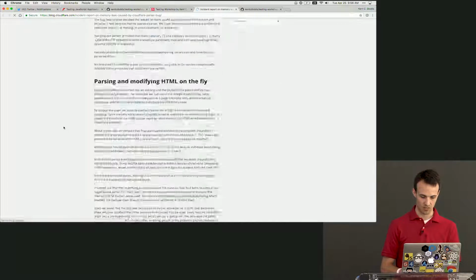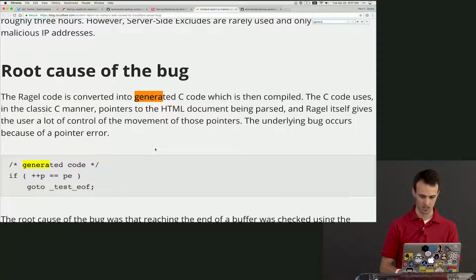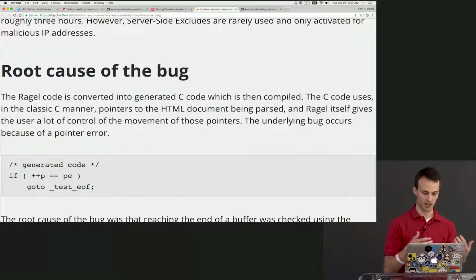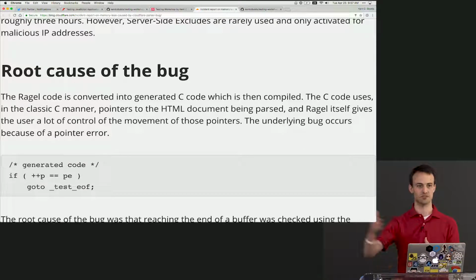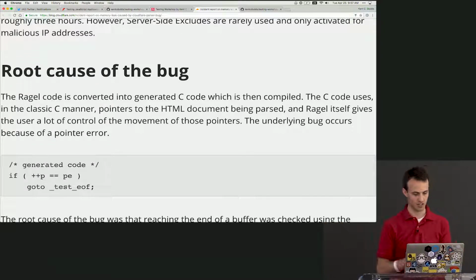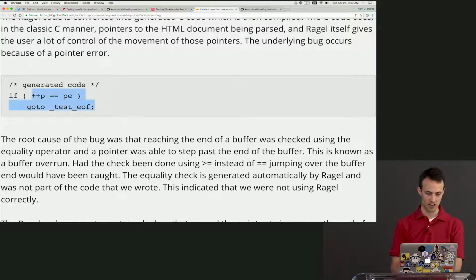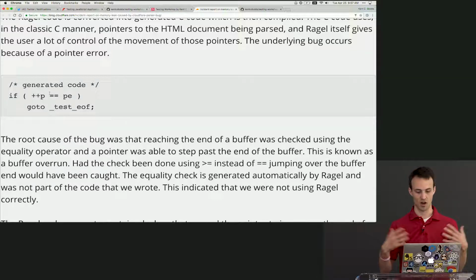Cloudbleed was actually pretty recent, and this is the root cause of the Cloudbleed bug. Basically, Cloudflare had a DNS issue where it would leak customers' data to a bunch of other sites that were using Cloudflare, and the root cause was in this generated C code that did what's called a buffer overflow.